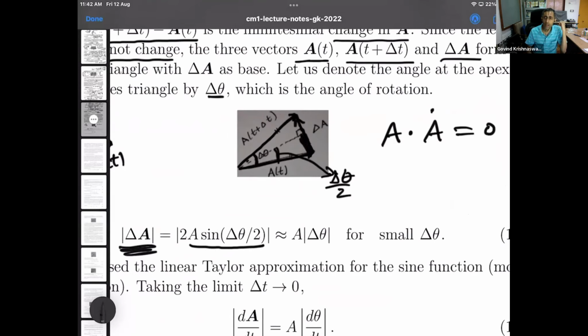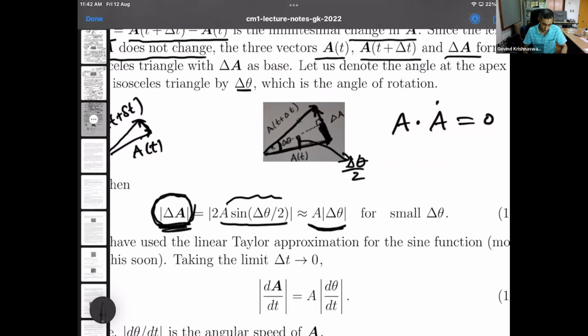Now, for small angles, because these are infinitesimal displacements, we can replace the sine of an angle by the angle itself, by the leading Taylor approximation, and the twos cancel each other out, and you find that the magnitude of the change in vector A is given by the magnitude of A itself times the magnitude of the angle of rotation for small angles.